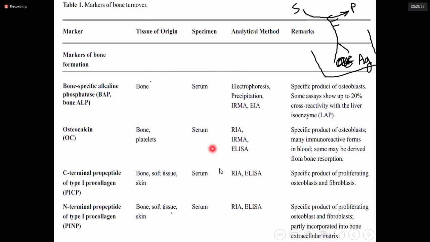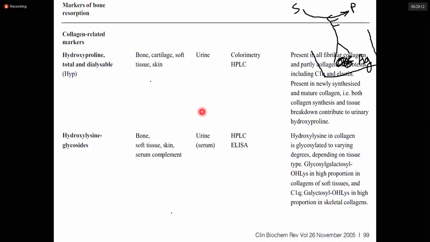هلا كل الأسي بشكل عام بيعتمد على الإميونو أسي. كلمة إميونو بغض النظر إلايزا ولا راديو إميونو أسي ولا بريسبتيشن كله إميونو أسي، بمعنى إنه في عندي أنتي بادي. تمام، لأنه أنا براعي إنه أنت عمرك ما شفت هاي التكنيك ولا اشتغلتها بإيدك، يعني you just heard about it. هلا another condition could be اللي هو bone resorption, and we have these kind of markers hydroxyproline that will be found in the blood as well as hydroxylysine glycosides, and most probably you will see them in the urine rather than in the serum.